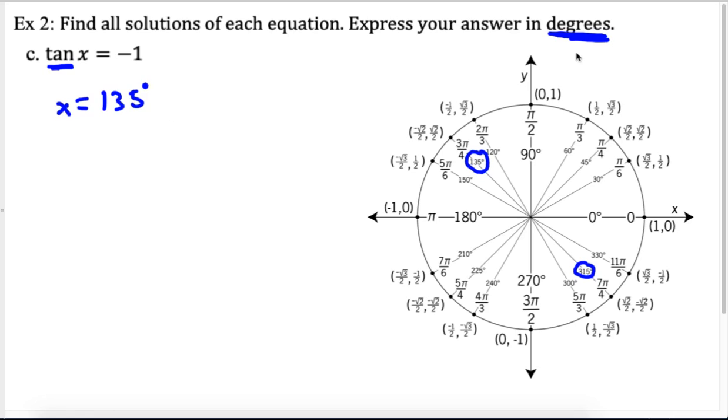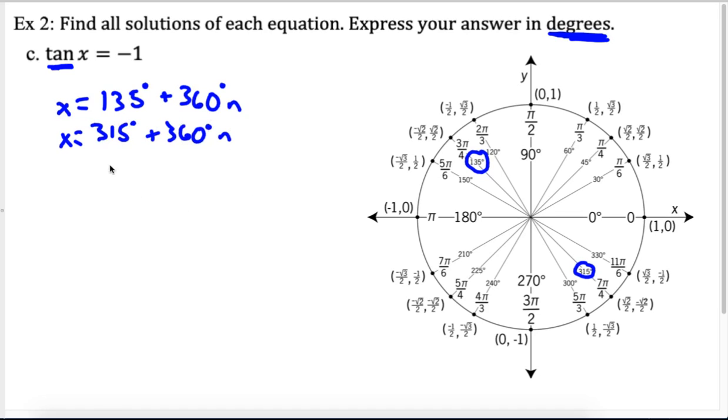And now, if my answer is in degrees, instead of saying plus 2 pi times some integer, I'm going to say plus 360 times some integer. Okay, it means the same thing. We're just expressing one of our answers in radians and the other in degrees. And then I could say, well, the other place this occurs is 315 degrees, and then plus 360 times n.